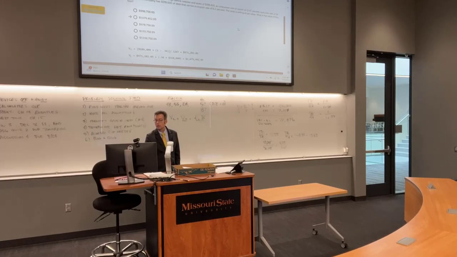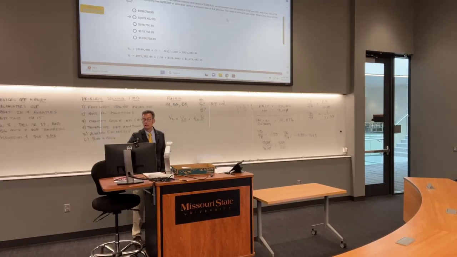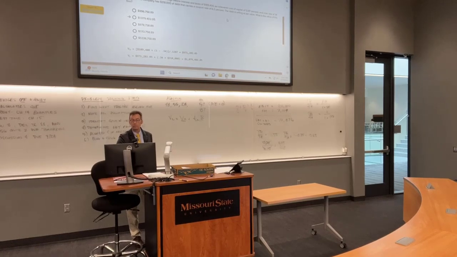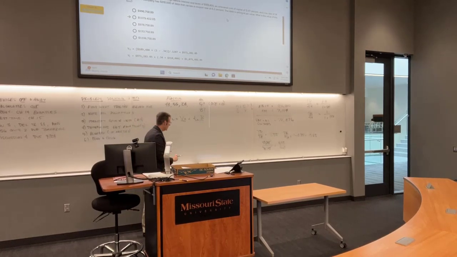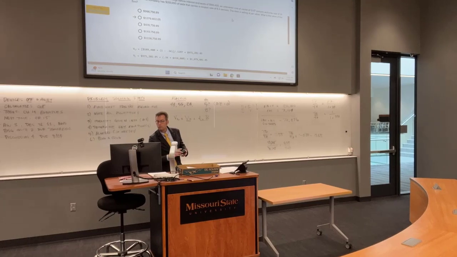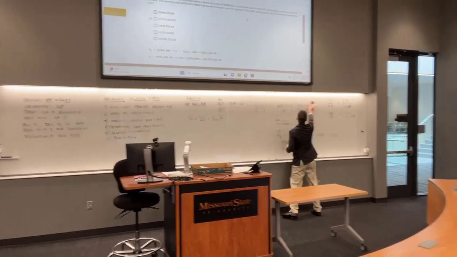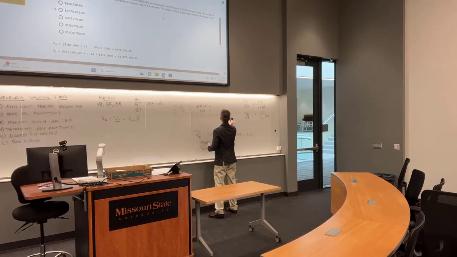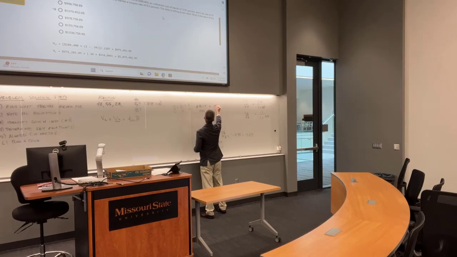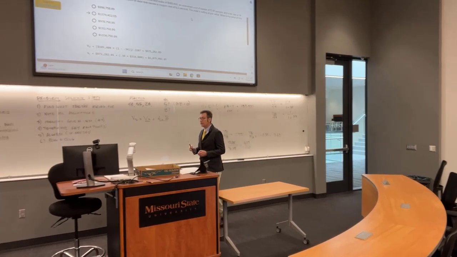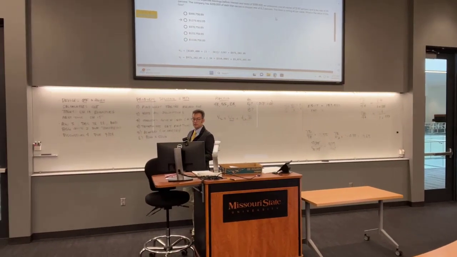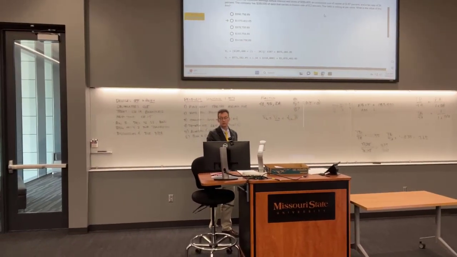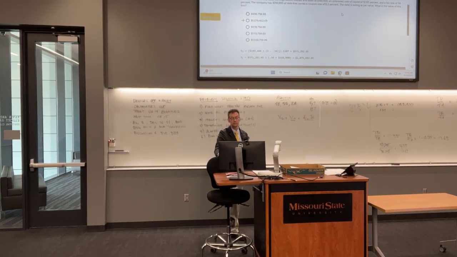So let's see what we've got. We know that they've got earnings before interest and taxes of $189,400. Do we have enough information to figure out what the interest is? Actually, do we even need to do that?